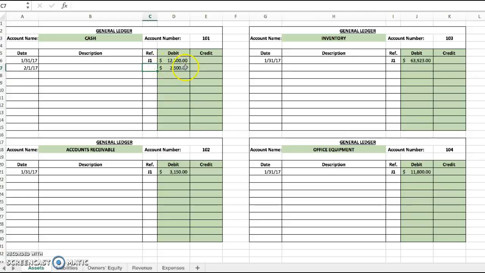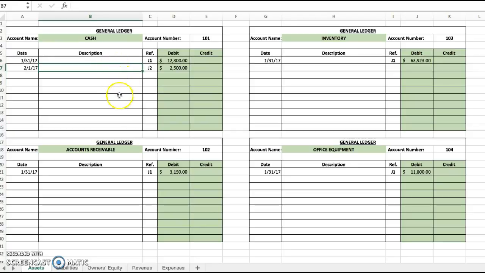So after we put this in this little reference column, we will put J2. That will tell us if we are wondering sometime down the road, where did that 2,500 come from? This will tell you to refer back to journal page 2. The description column is rarely used. If something unusual happens, we can put that in there, but typically we don't need that, so it's empty.